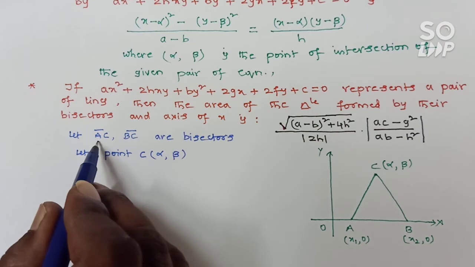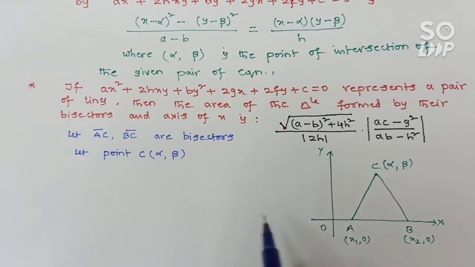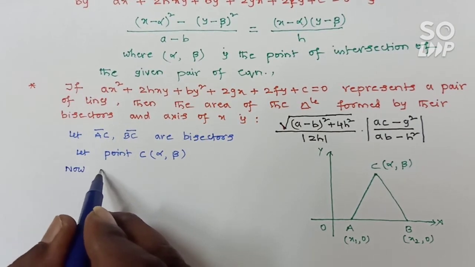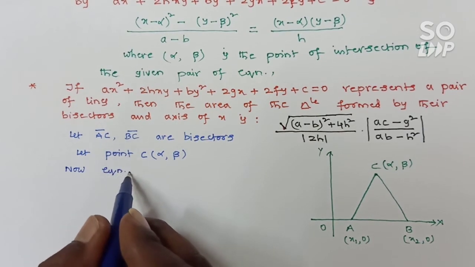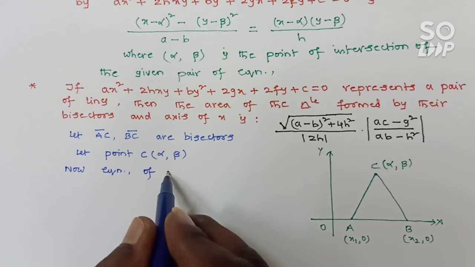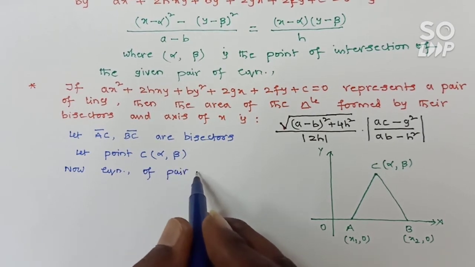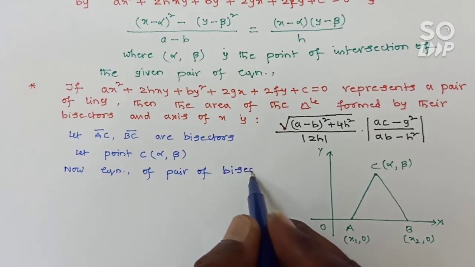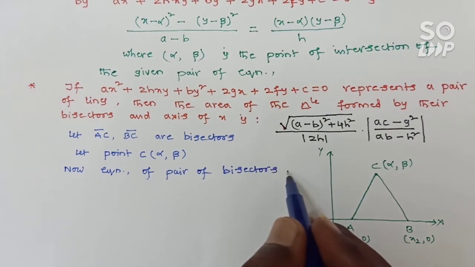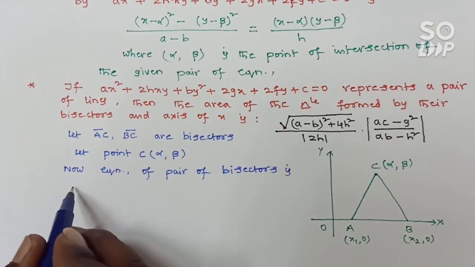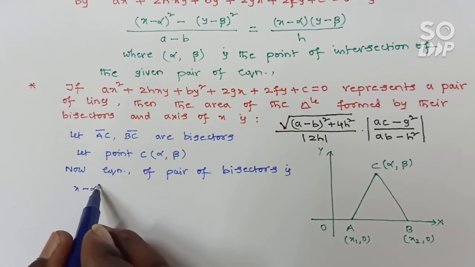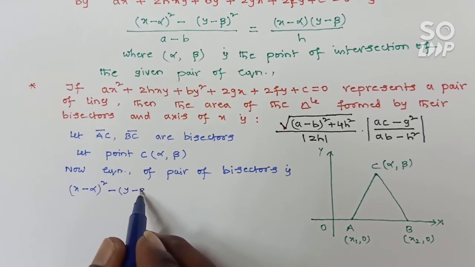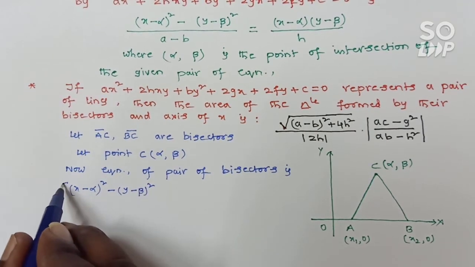That means the combined equation of AC and BC, the equation of the pair of bisectors, will be x minus alpha whole square minus y minus beta whole square, into h.